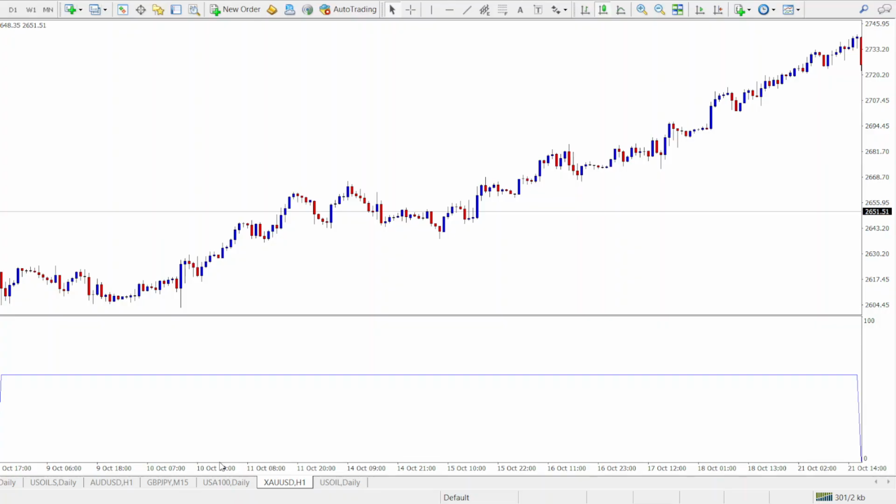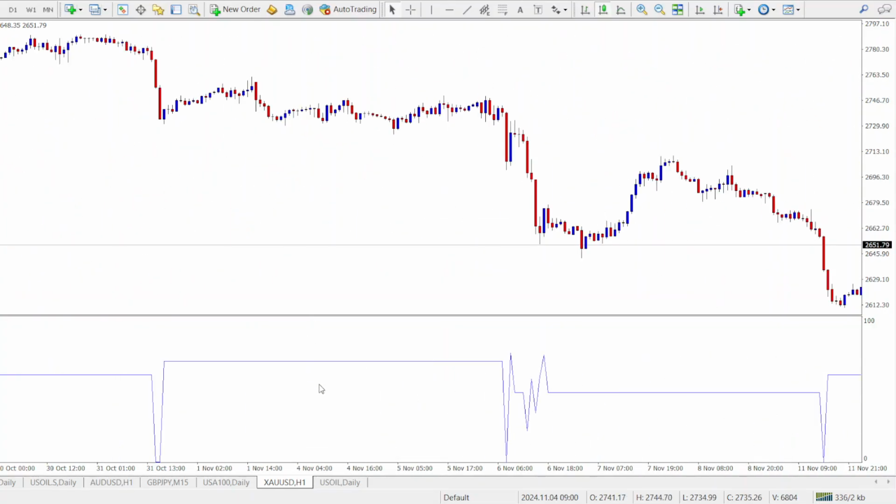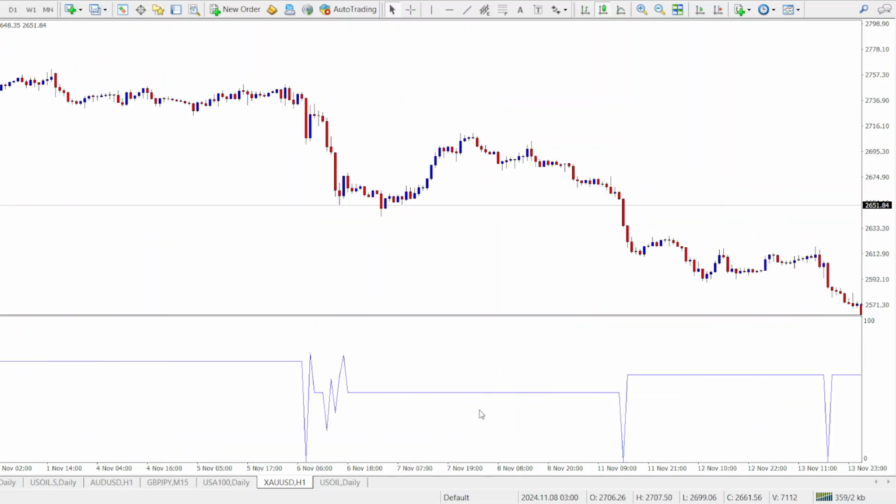Together, these elements make the Momentum Pinball Indicator quite effective when it comes to pinpointing trading opportunities. The combination of the RSI and the ROC is what we have here in this indicator's window.